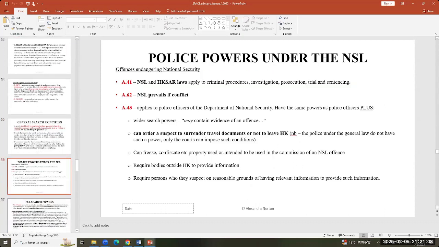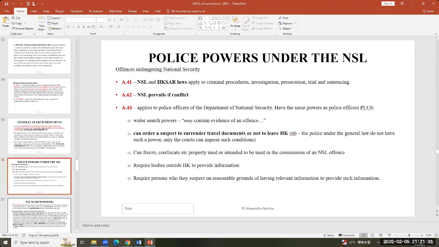All right, under the NSL, we know if there's a conflict, the NSL prevails. But generally, under the NSL, you just have to be aware that the officers under the Department of National Security have much wider search powers, much wider powers to impose conditions.